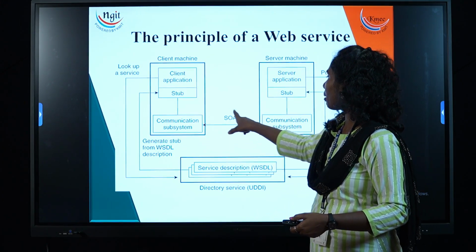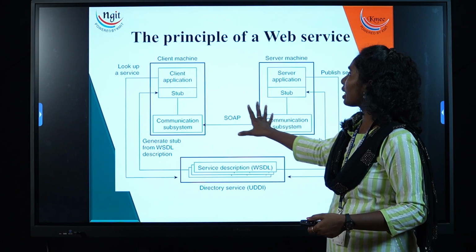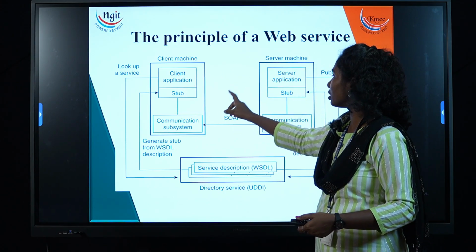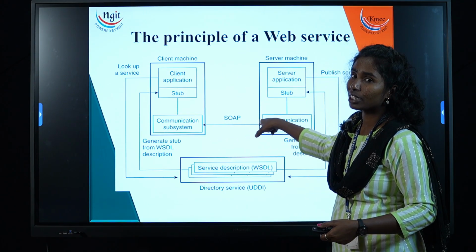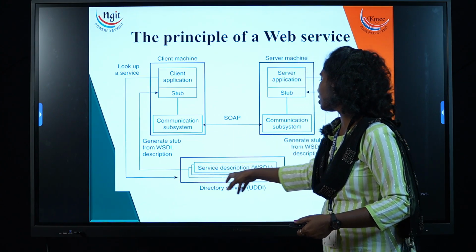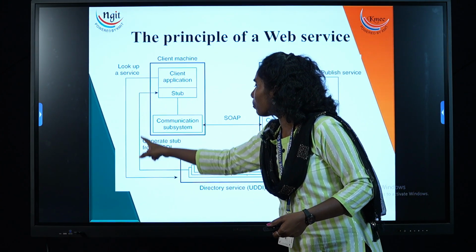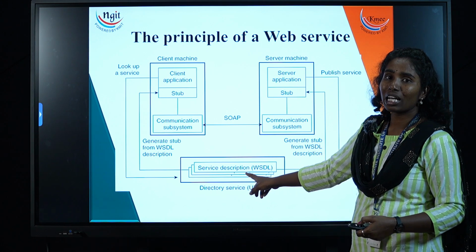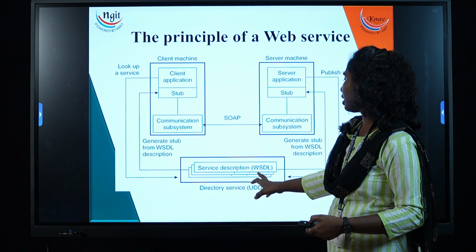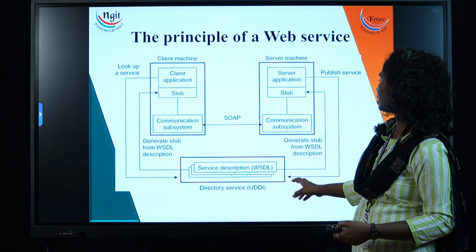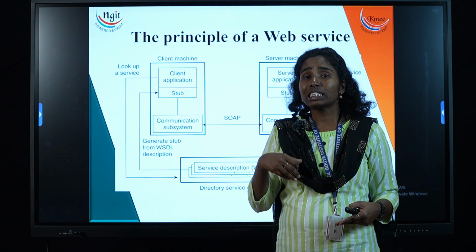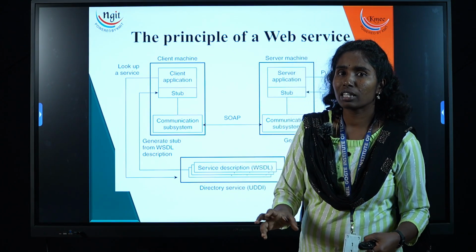This subsystem has the capability to communicate directly from the client machine to the service server machine with respect to SOAP. And next, the stub is connecting with the WSDL, Web Service Description Language, where it has all the services available with their definitions.